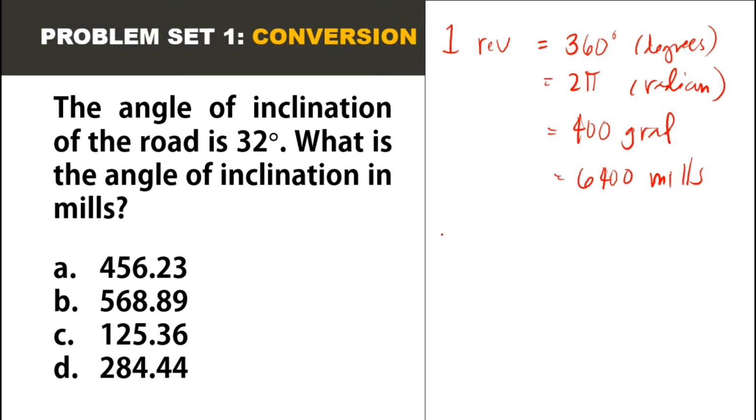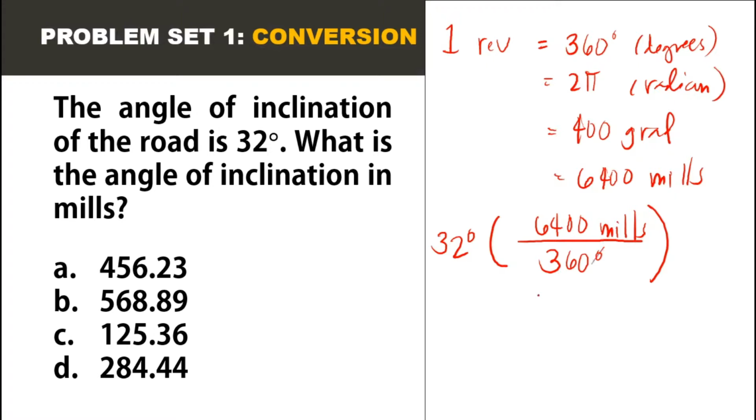So we have 32 degrees times 6,400 mils per 360 degrees. We cancel the unit of degrees.